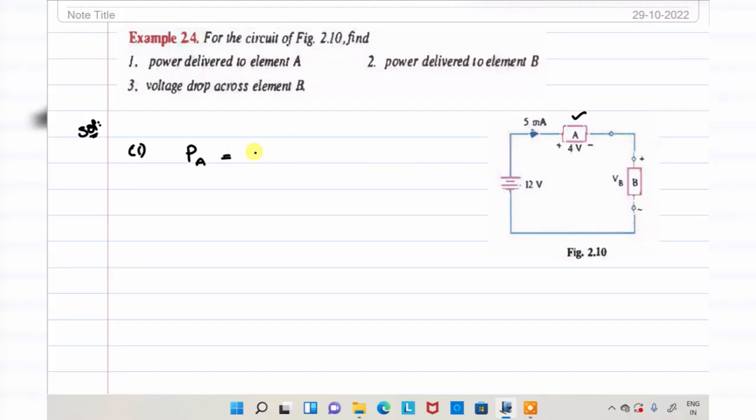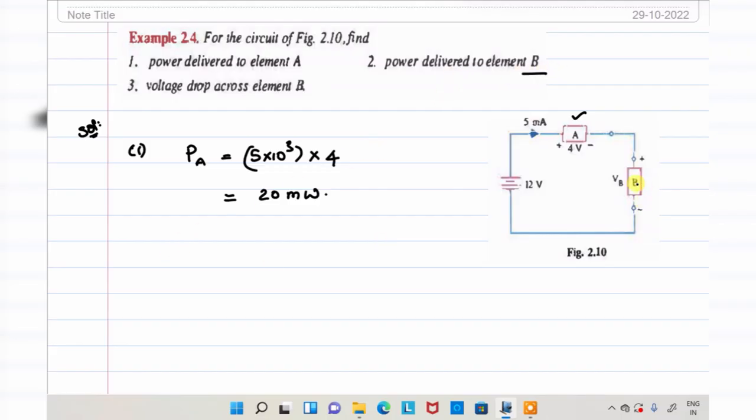Already given, current I is equal to 5 milliamperes, 5 into 10 power minus 3, and P is equal to VI. What is the voltage? 4 volt. That will be equivalent to 4 times 5, that is 20 milliwatt. The power delivered to the first element, that is the power consumed by the element A, is 20 milliwatt.